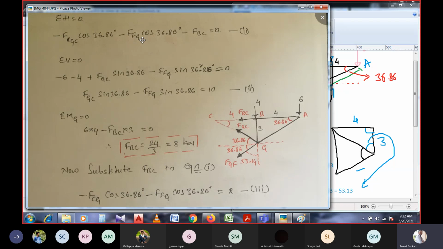And if you consider FGF, again the inclination angle will be 36.86, because it is a straight line having the same inclination to the horizontal, 36.86, right? So it is also FGF cos 36.86 if you resolve to horizontal. Again, it is moving to the left side, so it is taken with a minus sign.